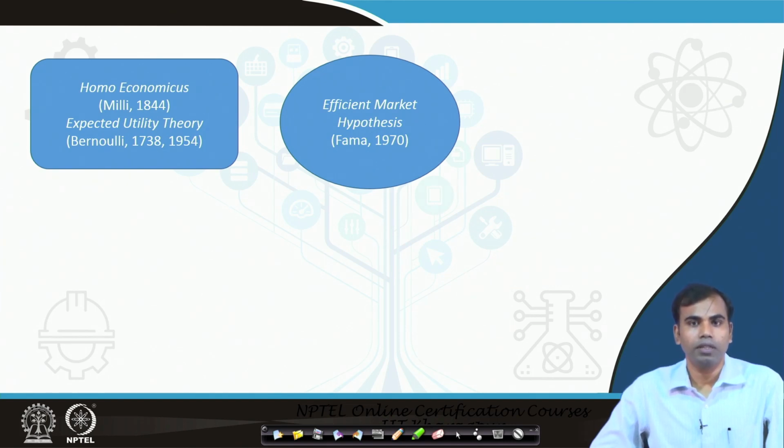In 1970, Eugene Fama gave this proposition that financial markets are efficient and the level of efficiency of financial markets ranges from weak efficient markets to strong efficient markets.